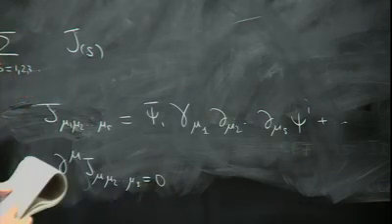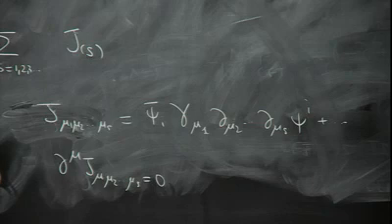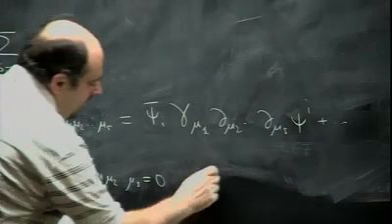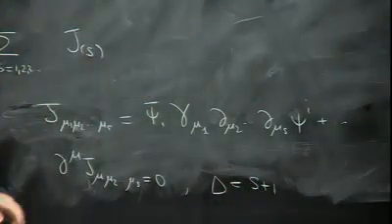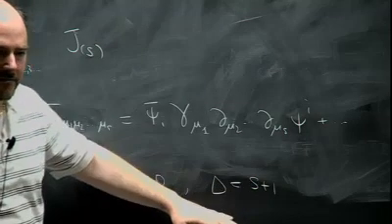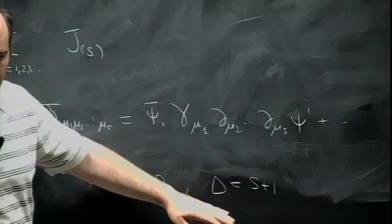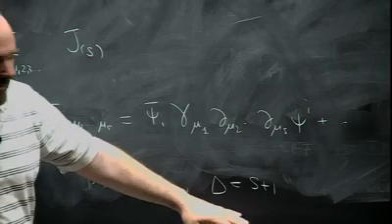Okay, so this is conserved. So what is the dimension of this operator? If it's a conserved current, what should be the dimension in 3 dimensions? It is S plus 1. And of course, that's the same as in the scalar theory, because in any CFT, if you have a conserved operator of spin S, it must have dimension S plus d minus 2, in 3 dimensions S plus 1.